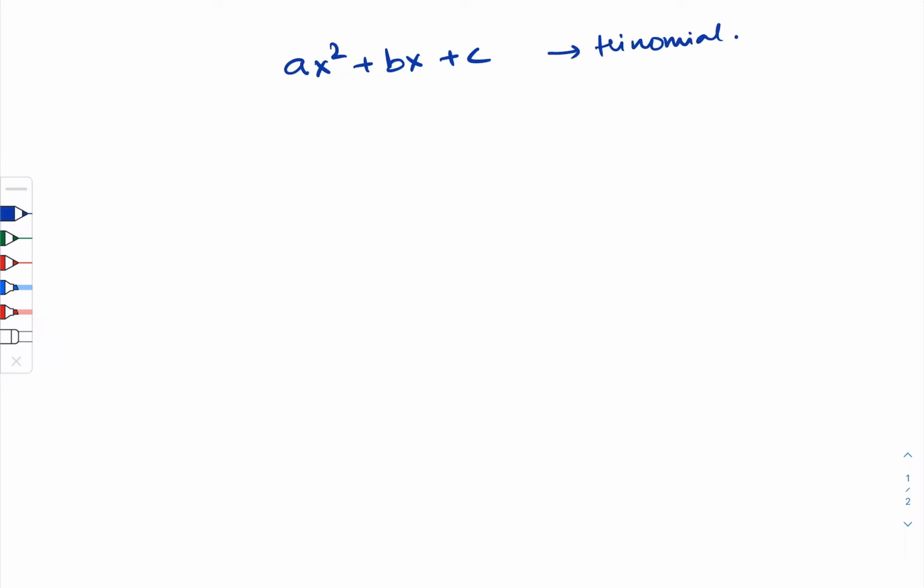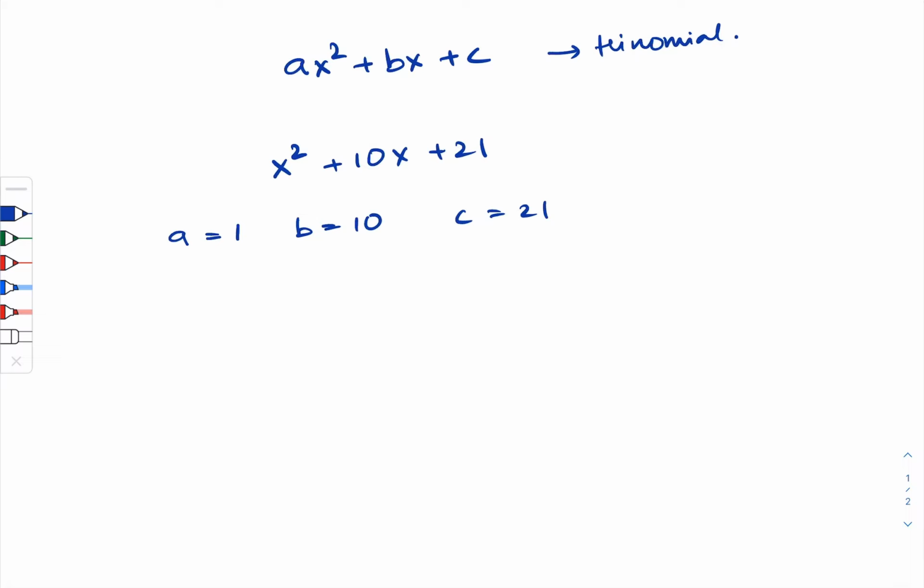So let's take a look at how to factor this kind of expression completely. Let's consider x squared plus 10x plus 21. In order to factor this expression completely, you need to understand what's the a, what's the b, and what's the c. So let's write that down. The a is equal to 1, the b is equal to 10, and the c is equal to 21.